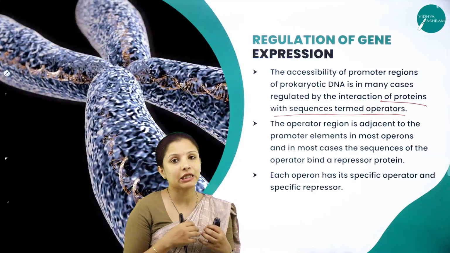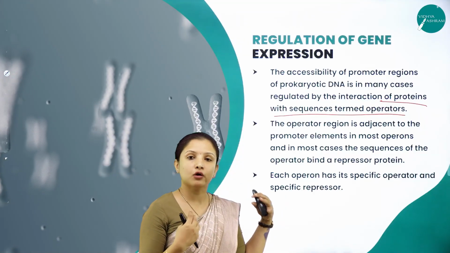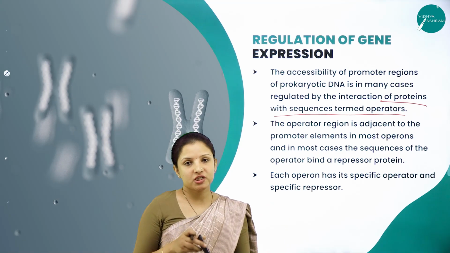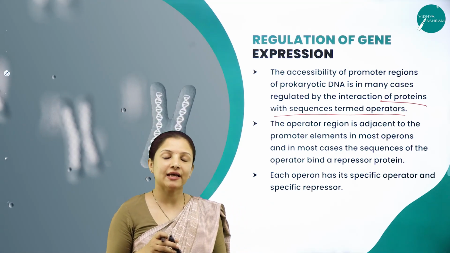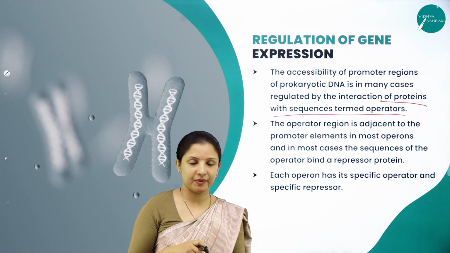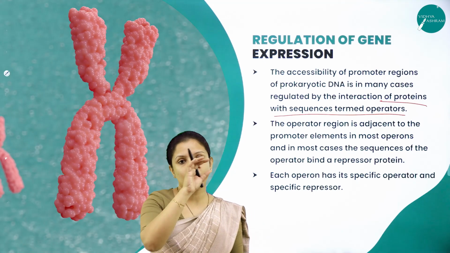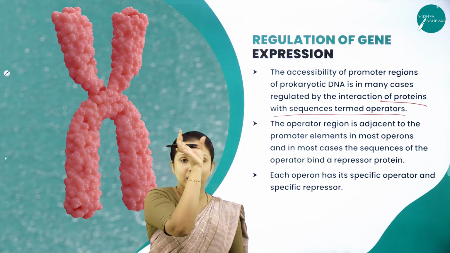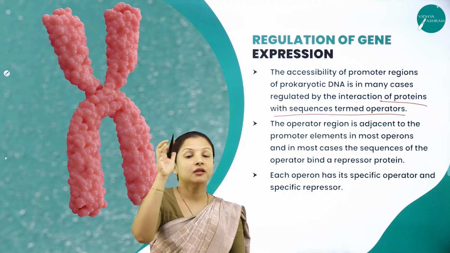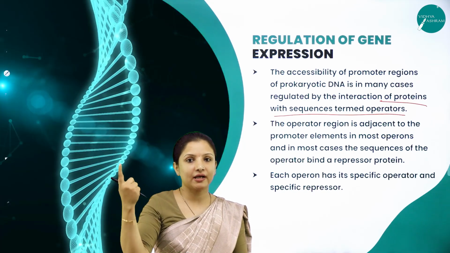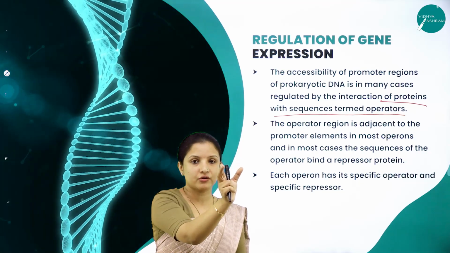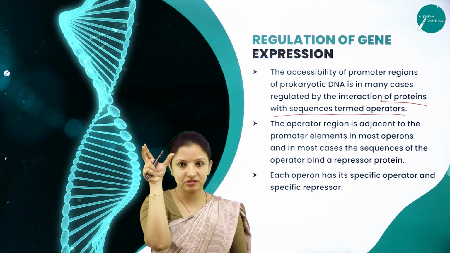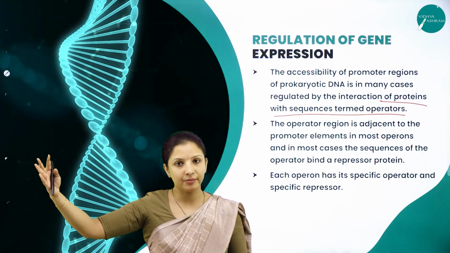Now I'm just telling you what is important for gene expression. For gene expression, activator proteins as well as repressor proteins participate. Right from the promoter region, we have the structural genes. In the previous session we learned there is a promoter region on the DNA strand, then come the structural genes, and then the terminator region.